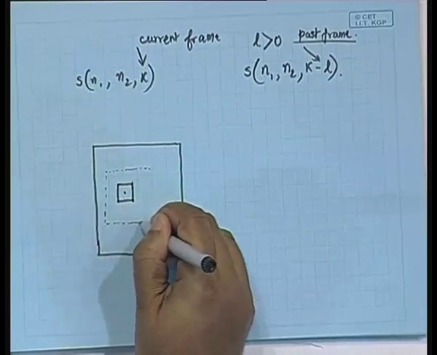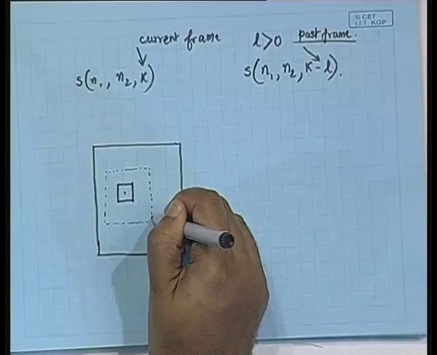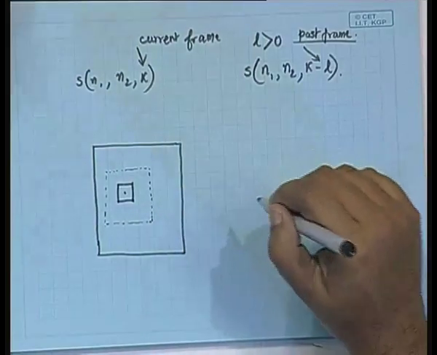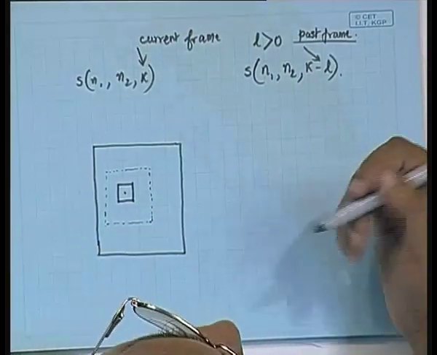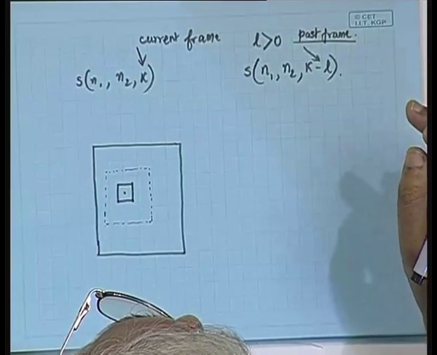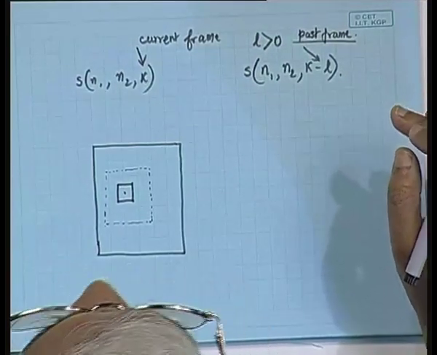Now, realistically speaking, although one can consider that the block may move anywhere in the past reference frame, it is a physical object, and the difference in time between the present frame and the past frame is only a matter of 30 milliseconds or so, if we are considering a 30 frames per second rate for the video capture.